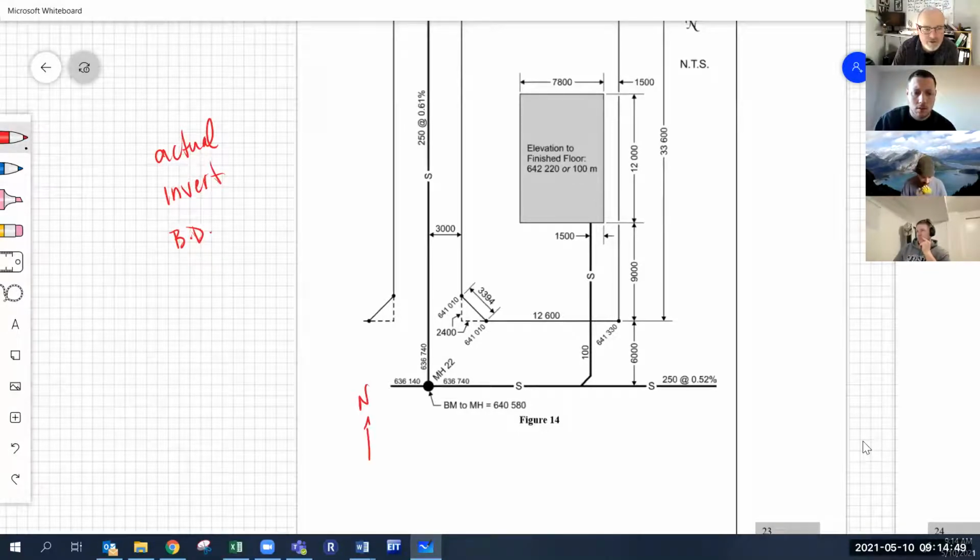That's north. So that's got to be east. That's got to be west. This has got to be south, yes? So for this question, here is your answer. 636,740 is the actual invert elevation of the sewer main at the east side of the manhole.